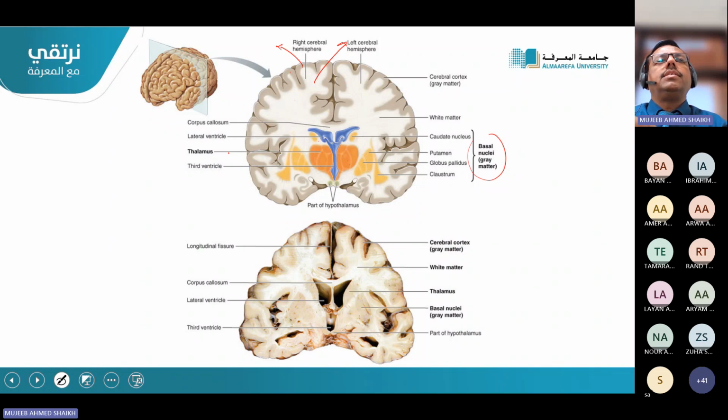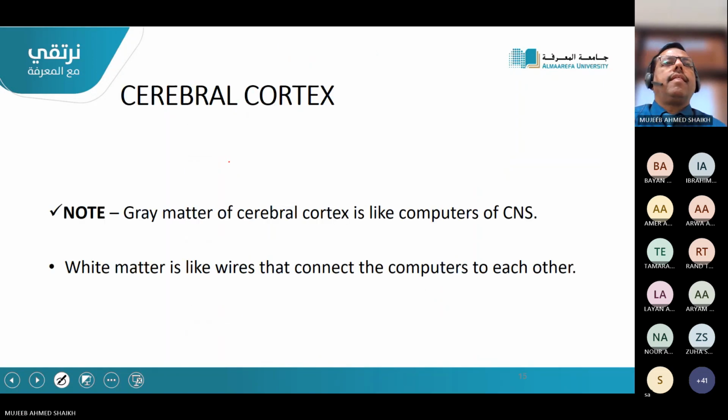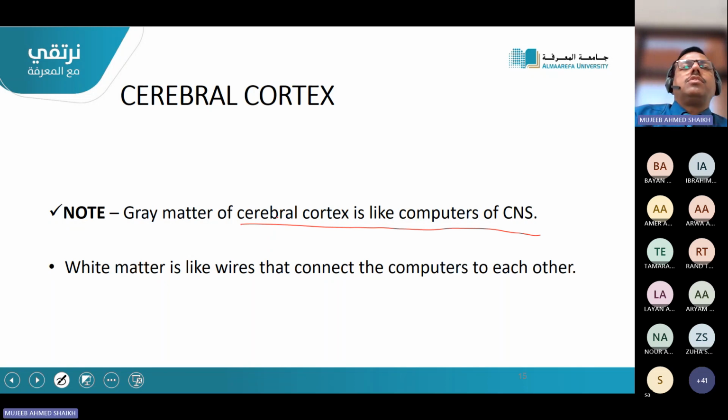The blue one is a cavity, and these are the thalamus and hypothalamus. So the gray matter of the cerebral cortex is like the computer of the CNS, consisting of processing units, the cell bodies. White matter is just like wires carrying information from the computer to other parts or to the periphery.